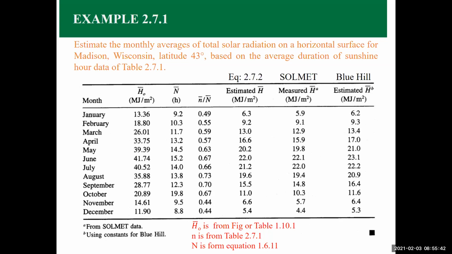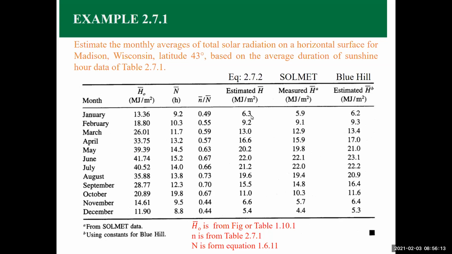And there's another thing that was recommended, which is if you are in an area or in a city, and that city does not have enough data, does not have radiation data, then you may need to get radiation data from a nearby city so that they are almost close to each other in terms of calculated values. And that's why Blue Hill is a region which is very close to Wisconsin-Madison, and the values that are estimated over there are known.